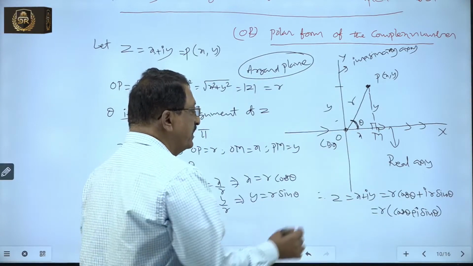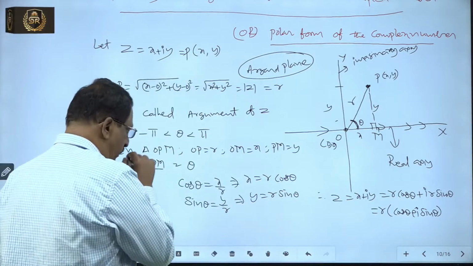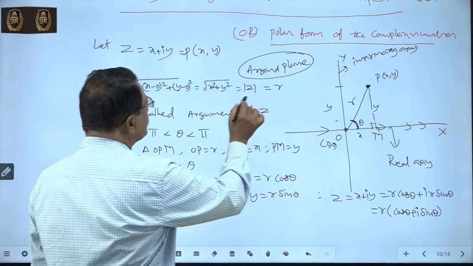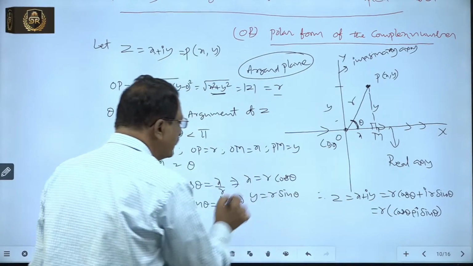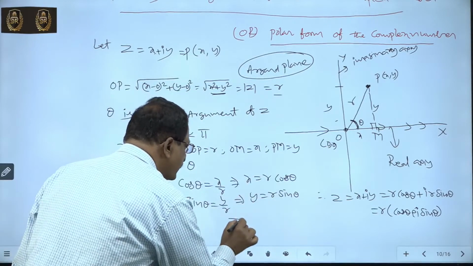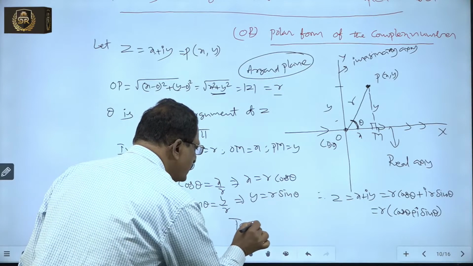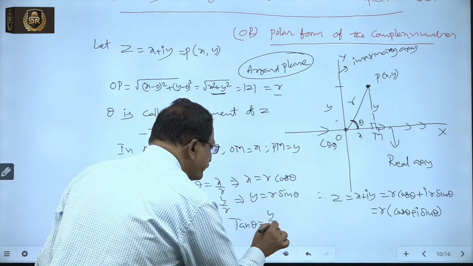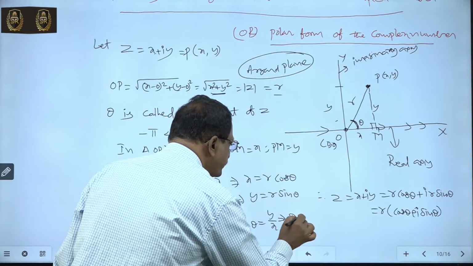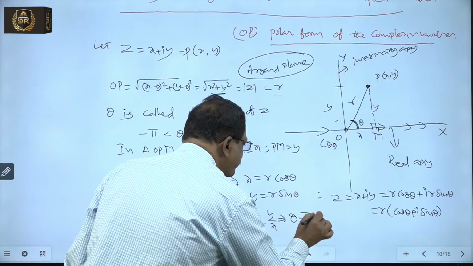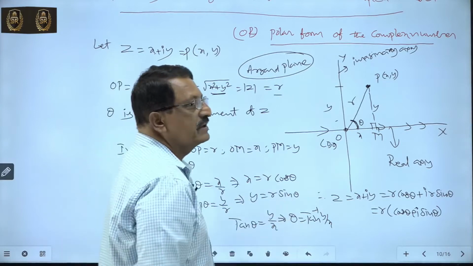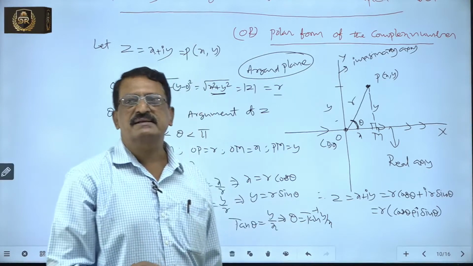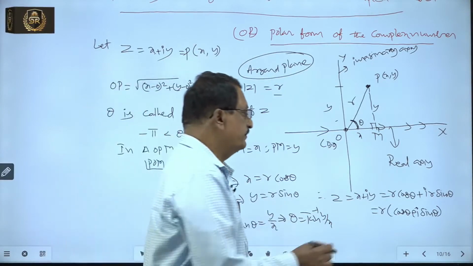Where r equals the square root of x square plus y square. Next, tan theta equals y by x, so theta equals tan inverse y by x. Now the argument equals theta equals tan inverse y by x.